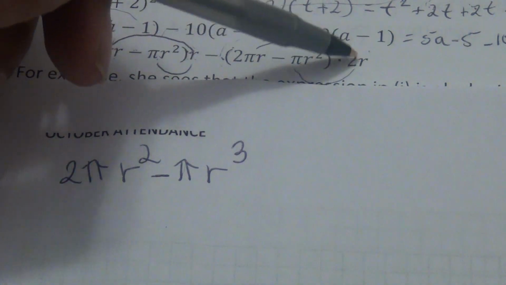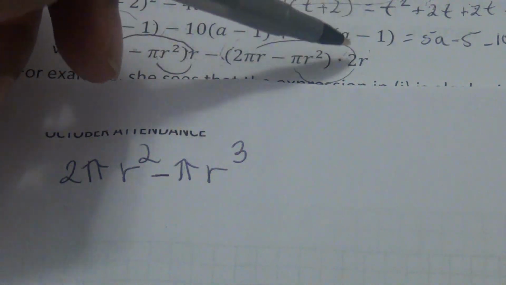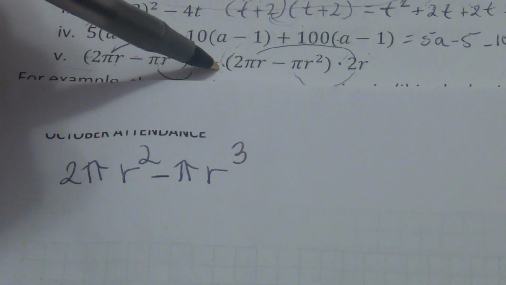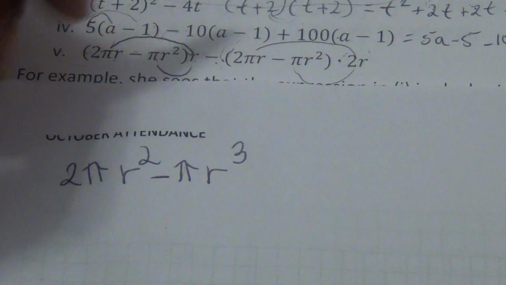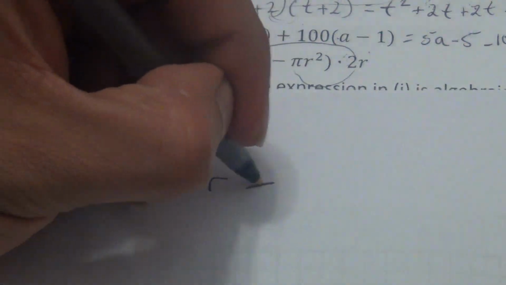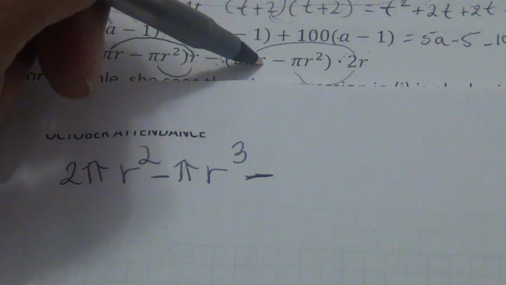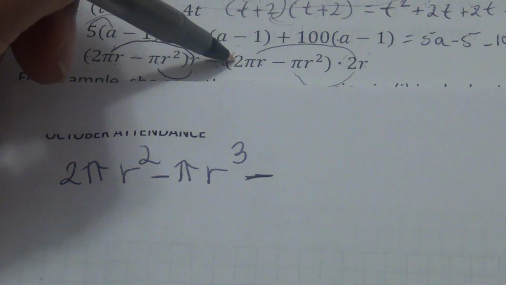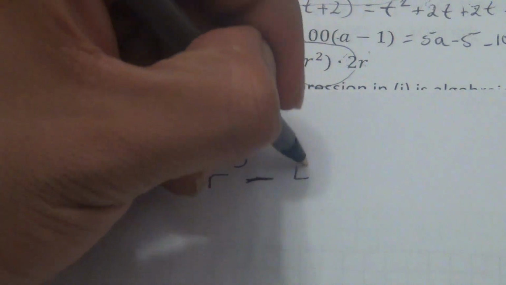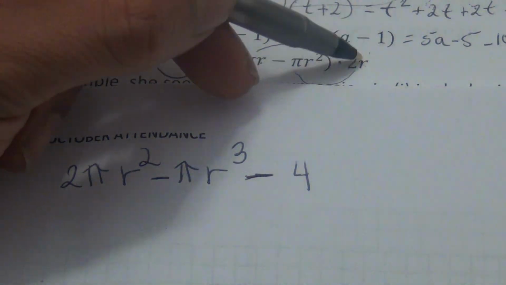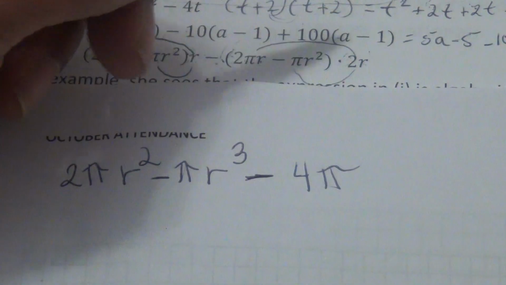We're going to switch this 2r over here. You know what? Forget it. I'm just going to write minus, and then 2r times 2 pi r. Well, I have a 2, so it has to be 4. Pi is not being multiplied by anything, so it's pi. R times r is r squared.